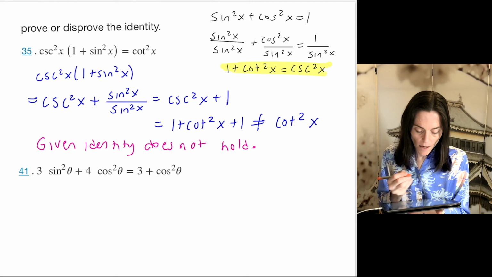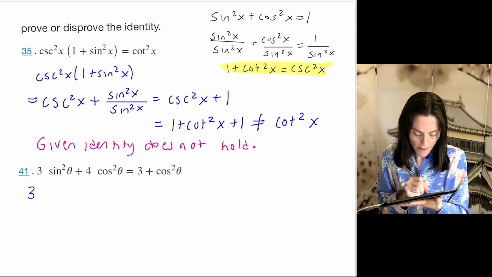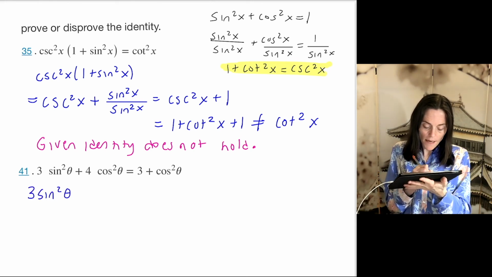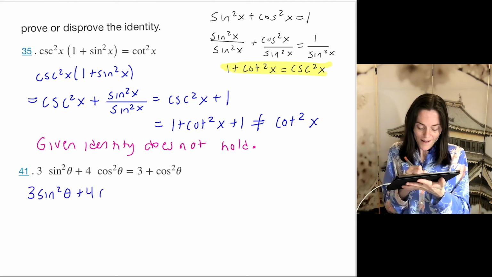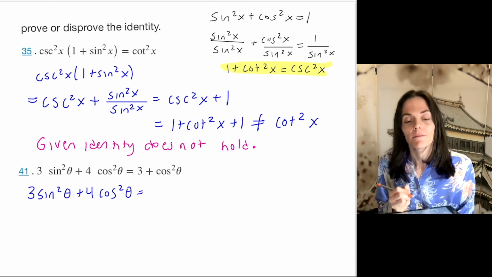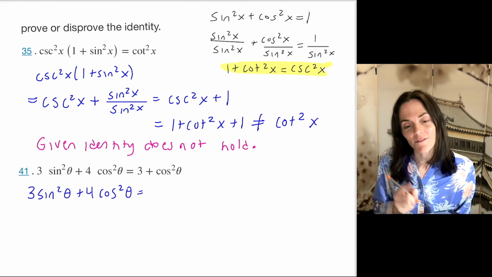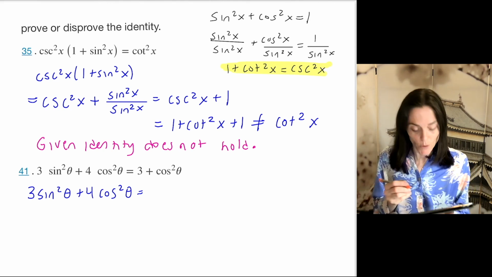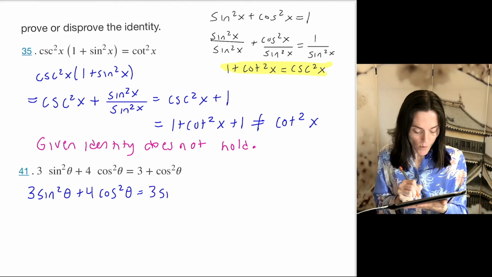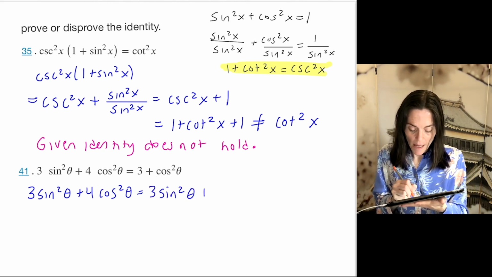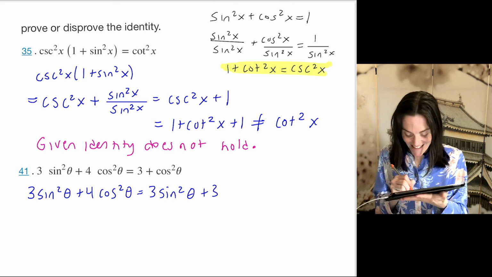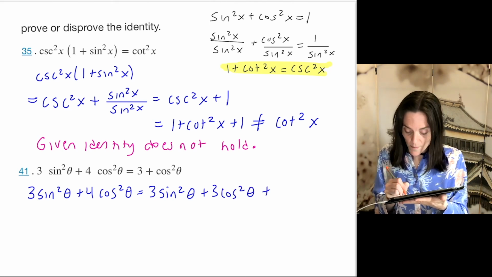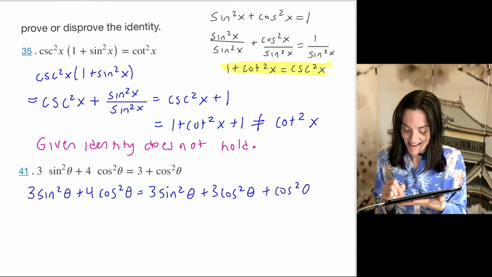Once again, let's start with the right-hand side. We have 3 sine squared theta plus 4 cosine squared theta. And you see, I can break off 3 of the cosine squared. So let's do that now. We have 3 sine squared theta plus 3 cosine squared theta plus 1 more cosine squared theta.